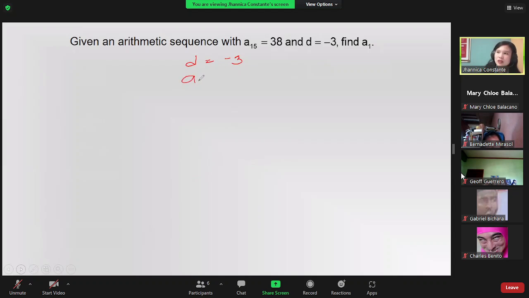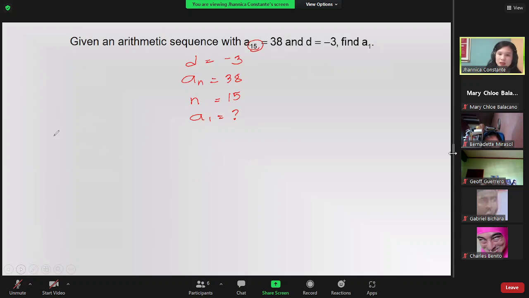We have the value for an, which is equal to 38. And we have the value of n, which is equal to 15. Since that is the last given term in the sequence, what we're solving is the first term of our sequence.